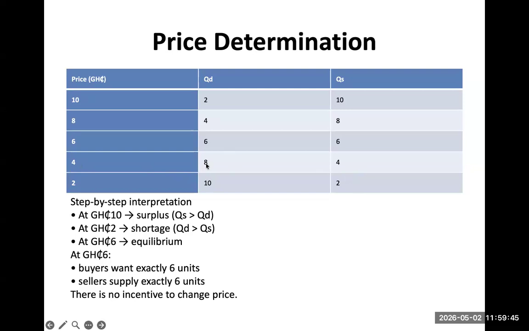Because quantity demanded exceeds the quantity supplied, there will be shortage. What is available for the consumers to buy is less than what they want to buy. Therefore, because more consumers are in the market, they will push the price to rise back to 6, the equilibrium price.